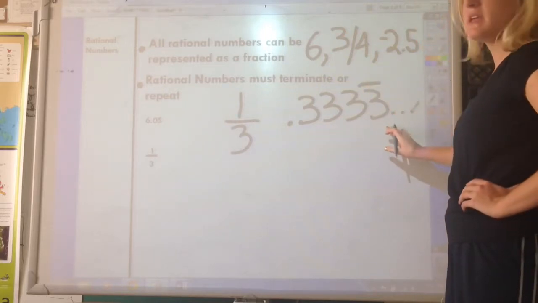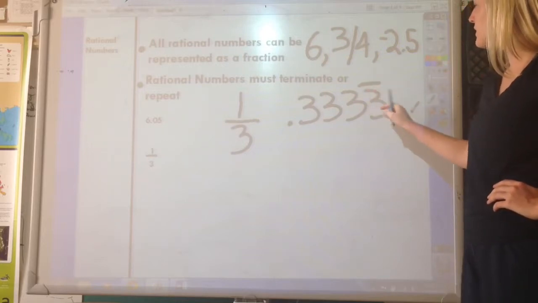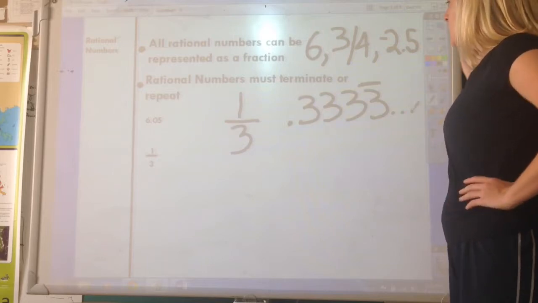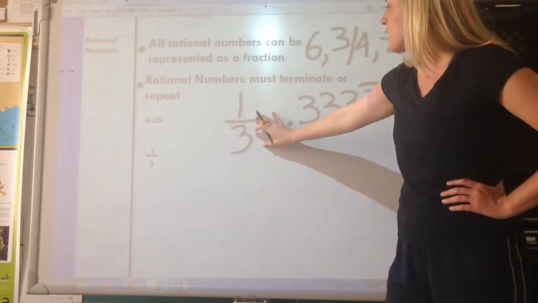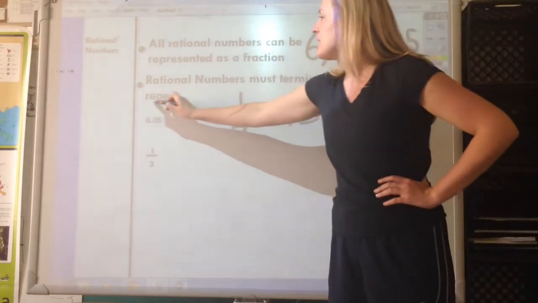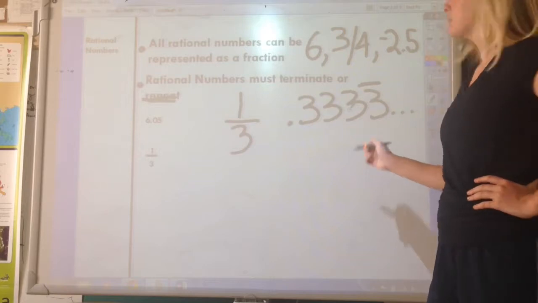So 3 repeats forever. You see this little bar that I drew above 3? That just means that 3 goes on forever. So even though this number does not terminate, it repeats. And since it repeats, it's a rational number.